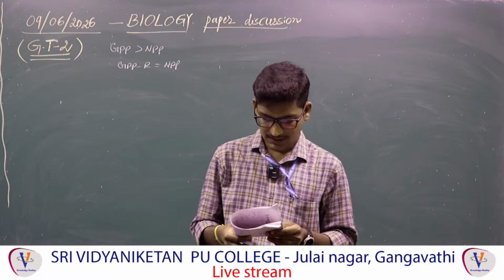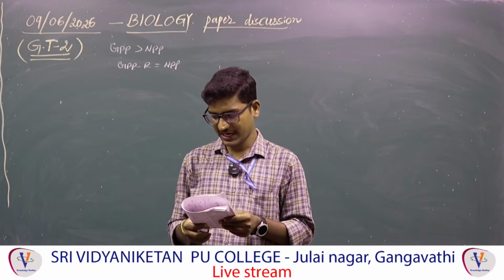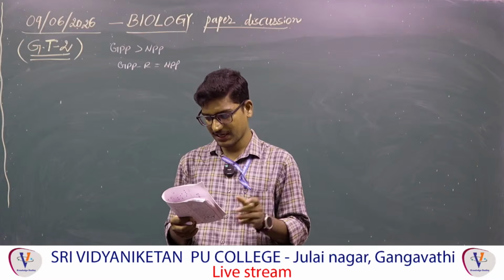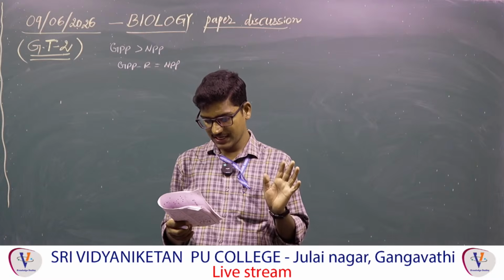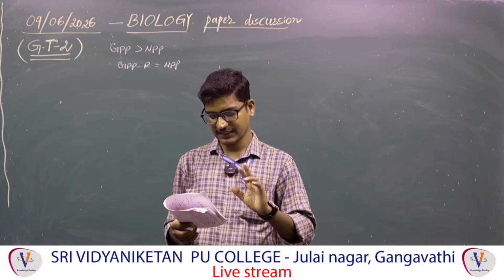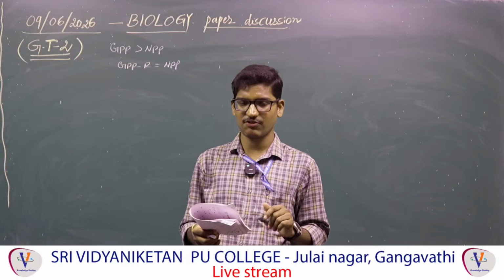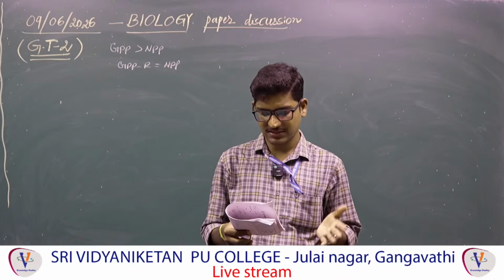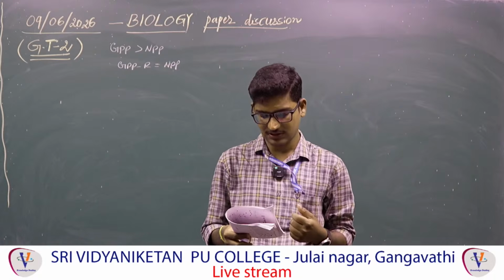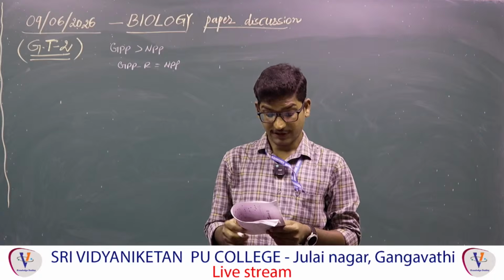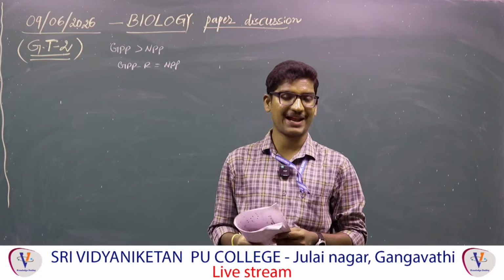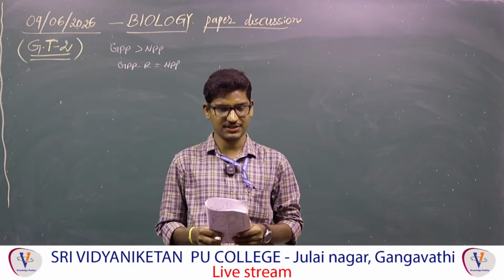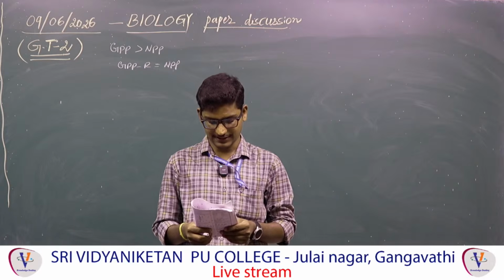Next 93. Related to kingdom fungi and viruses, how many of them are correct they are asking. B is incorrect, D is incorrect. A is correct because fungi cell wall is made up of chitin polysaccharides, we know it. Phycomycetes do not have branched septate mycelium, they are actually unbranched structures. So B is wrong, A is correct.